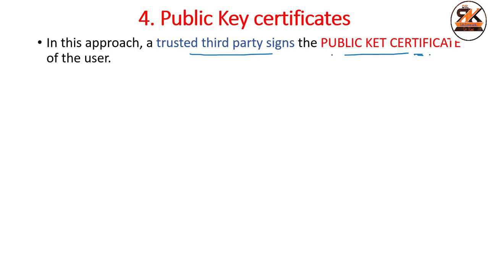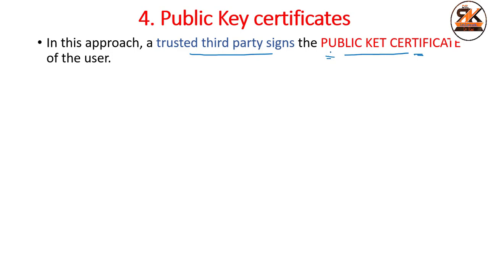Either these public key certificates are kept on a public forum, and when there are signatures of the trusted third party, then it is assured that the keys are authentic, or these certificates are directly exchanged between the two participants.